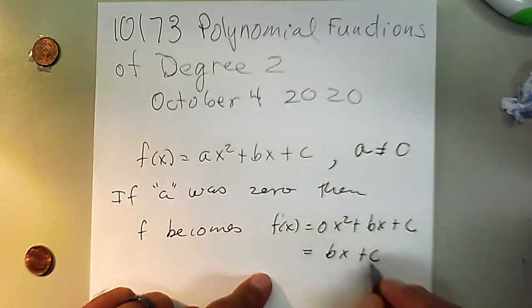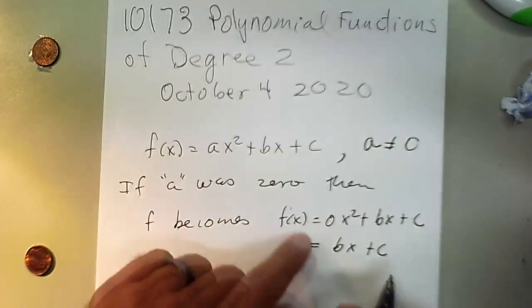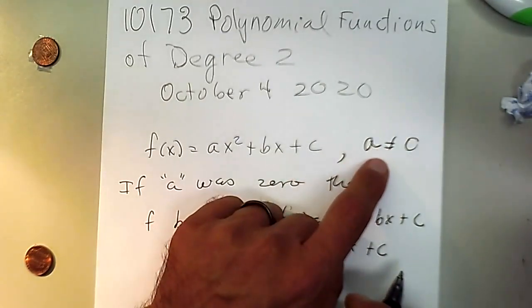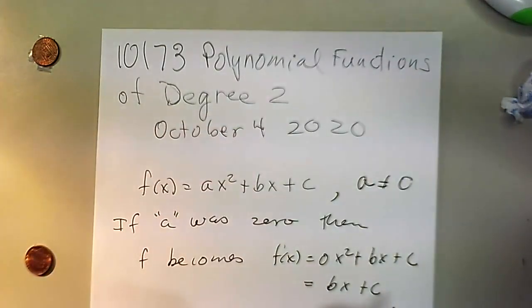The whole thing simplifies, and then we don't have a quadratic equation anymore. We have a linear equation. So we have to establish that a cannot be 0 whenever we are talking about a degree 2 polynomial.